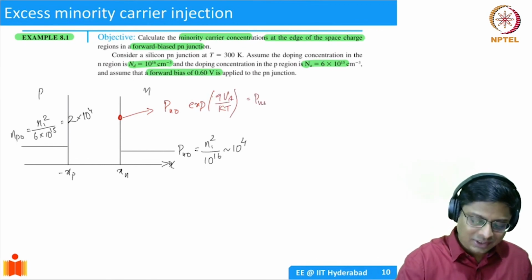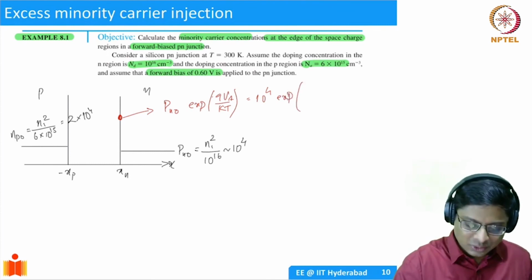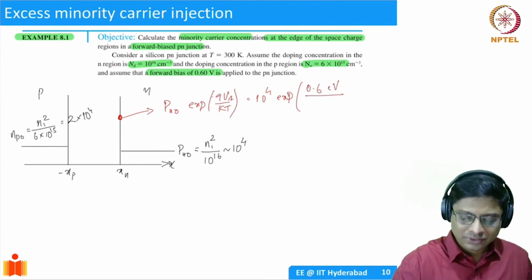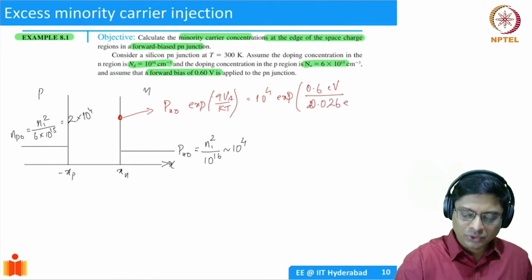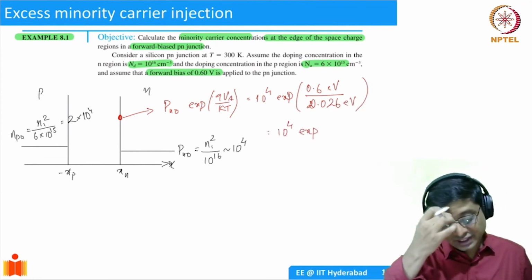We saw it was 10 power 4 exponential. Q times VA in electron volts is going to be 0.6 electron volts. I'll write KT in electron volts, which is 0.026 electron volts. Okay, so this is going to be 10 power 4 exponential 25, right? You take it as 25.